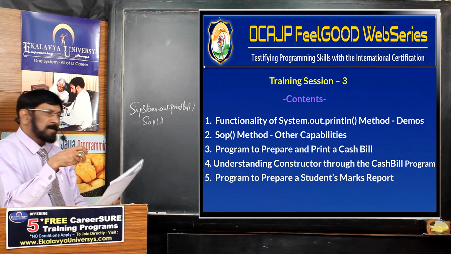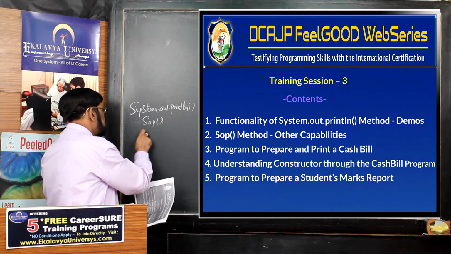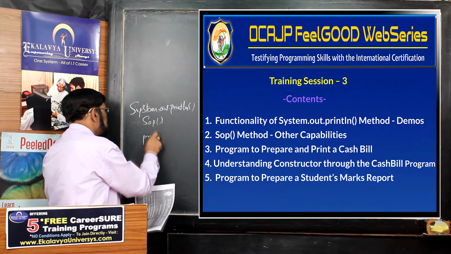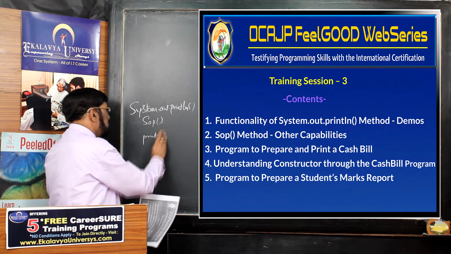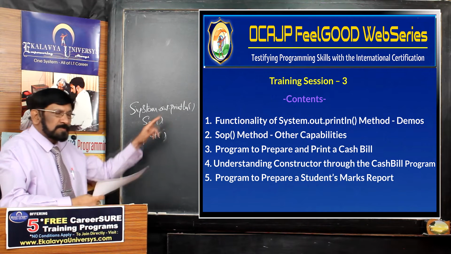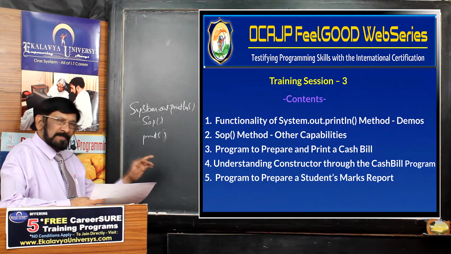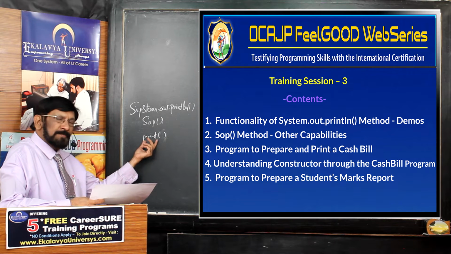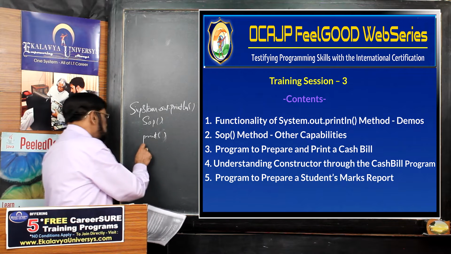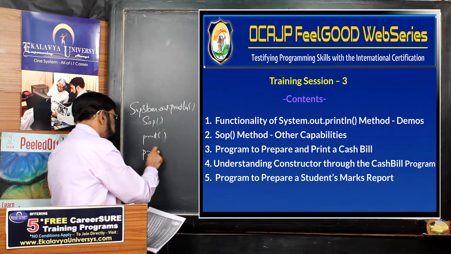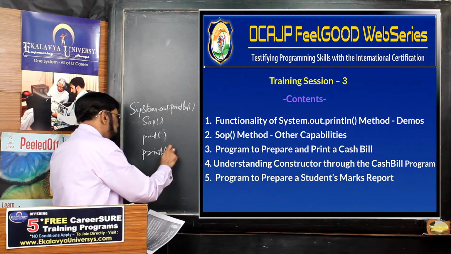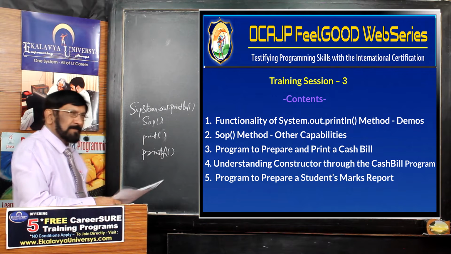Whereas in Python, it is very simple. This is just a print. This is enough. Whatever the SOP statement does in Java, the print statement does the same thing. It is also an output statement in Python. Whereas in C, it is printf. This is simple.